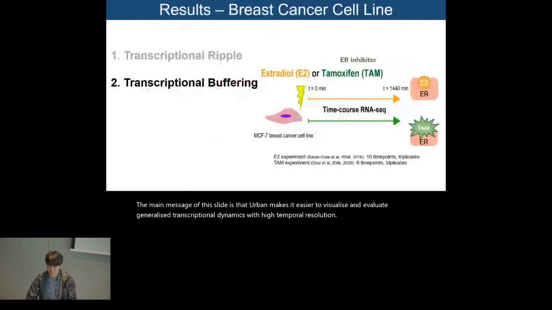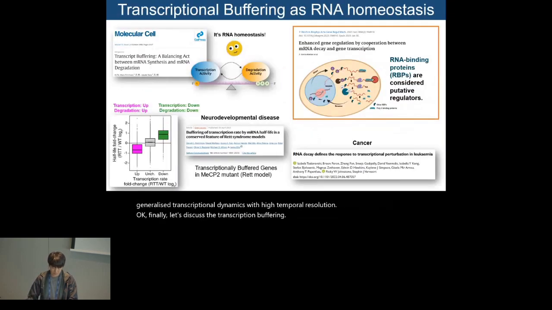Finally, let's discuss transcriptional buffering. Transcriptional buffering is a form of RNA homeostasis. In short, transcription rates and RNA stabilities adjust in opposite directions, depending on biological condition. This balancing act keeps gene expression stable, even under various perturbations.